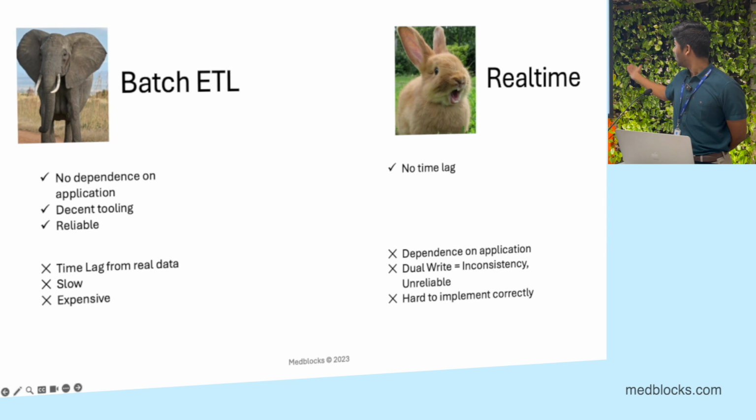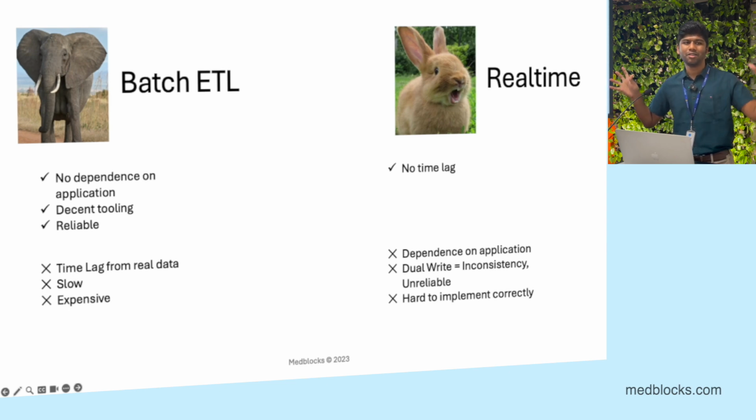Whereas on the real-time side, we were using a more traditional real-time approach before. For example, there is no time lag, but the way we did real-time was that we wanted the application to directly change something so that it is able to either send a webhook or send data to an event broker in some way, right? And this is usually what people think of when they think, okay, how do I integrate this application?